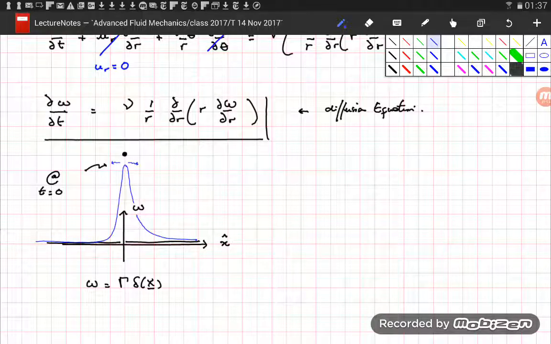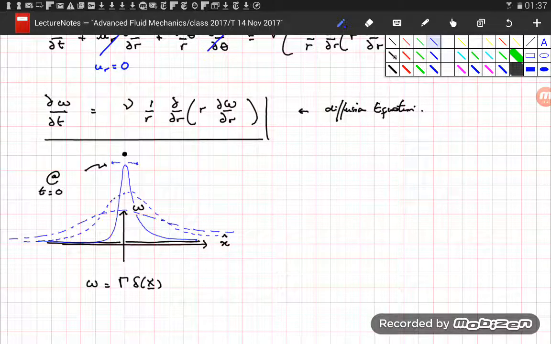So this is at a certain time t, and then later on it would look more like that. This is a Gaussian function, and even later on it would look more like this. This is how temperature would diffuse. This is also how vorticity will diffuse. So here the Gaussian is the solution.